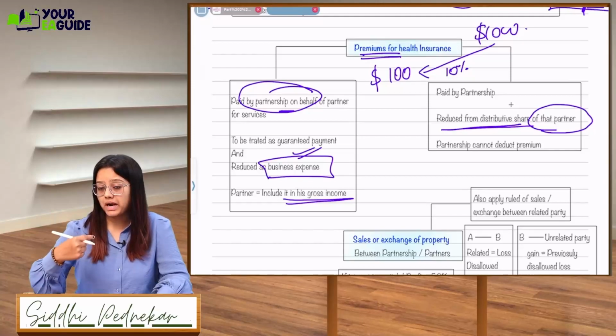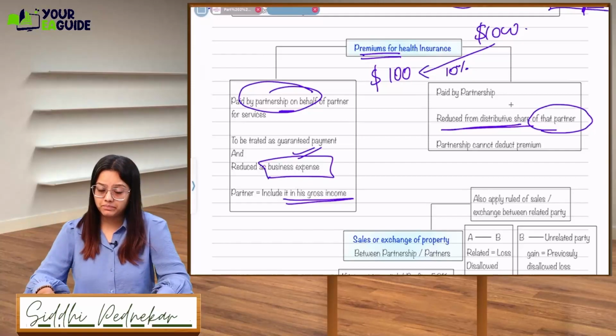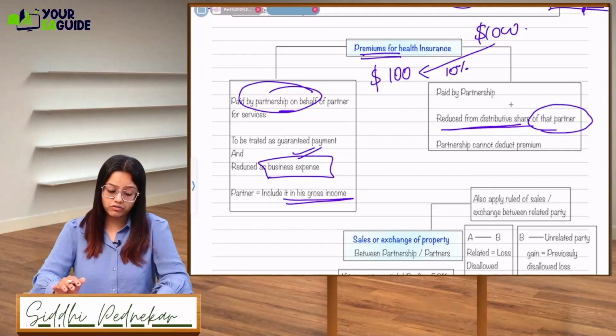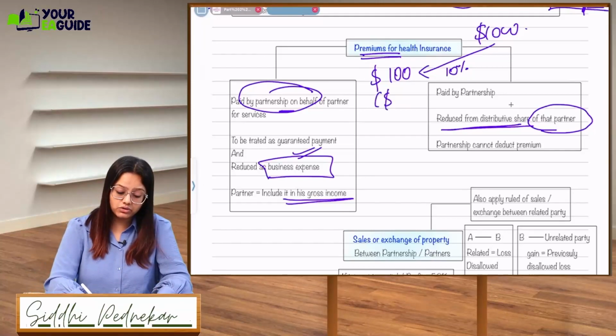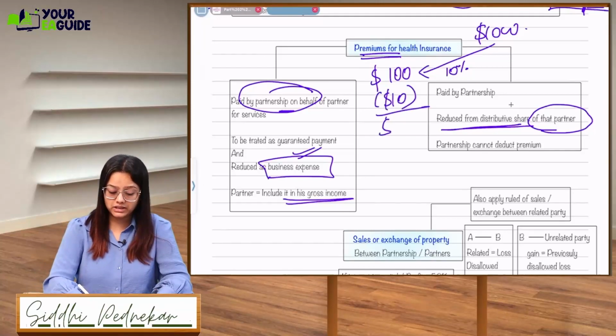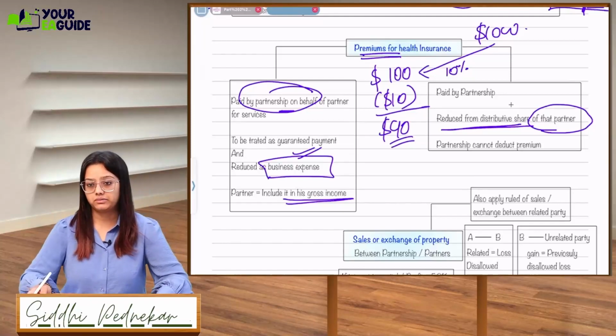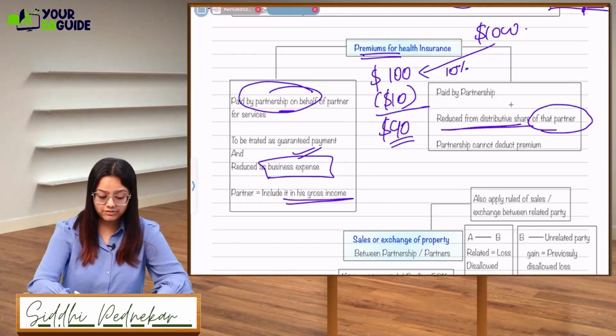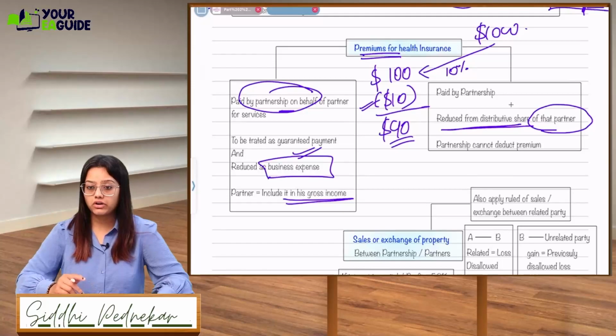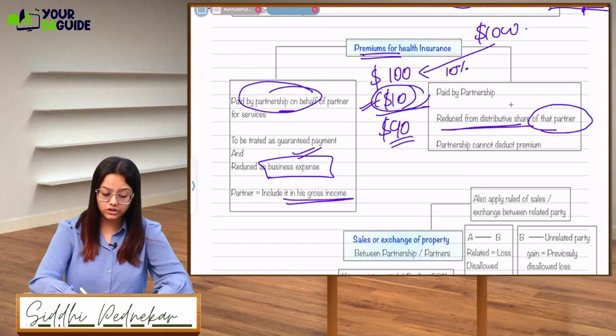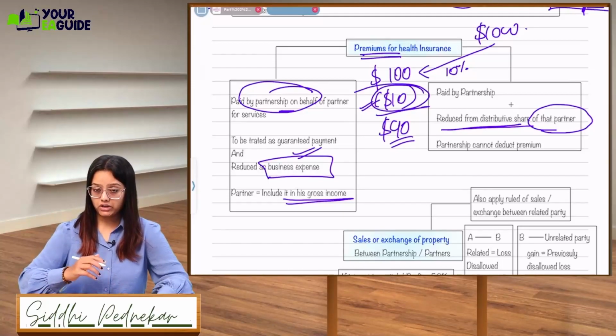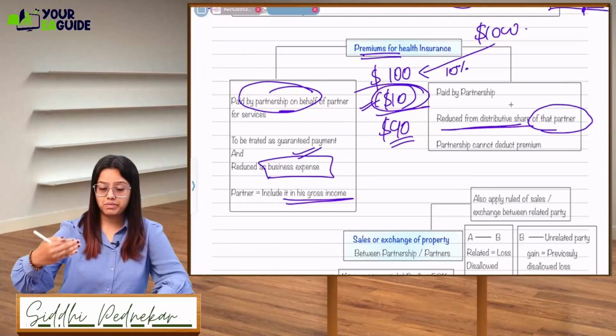But since the partnership firm is paying the premium of $10 for this partner, they will reduce the premium amount from this and distribute $90 to the partner. Once it is reduced from here, you cannot reduce it again as an expense from the P&L.